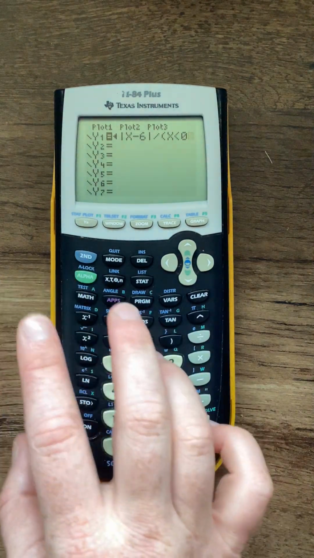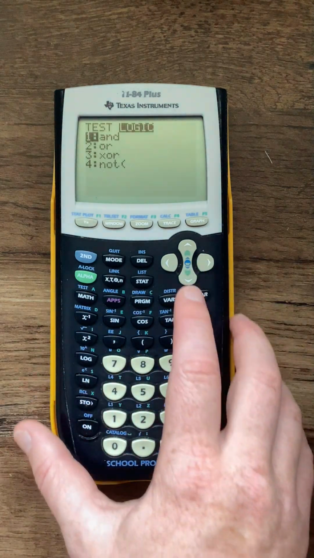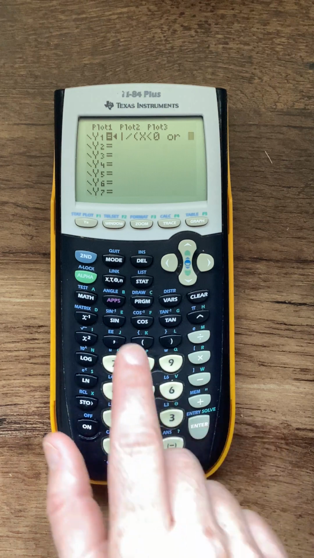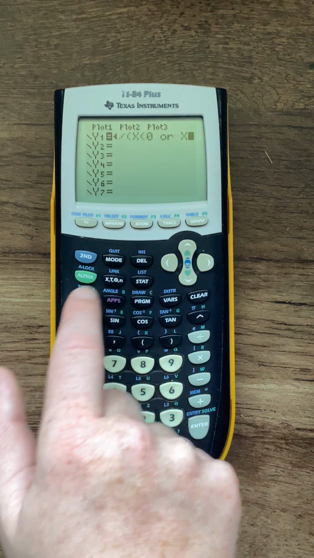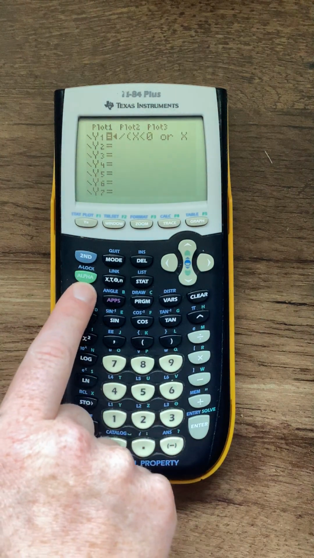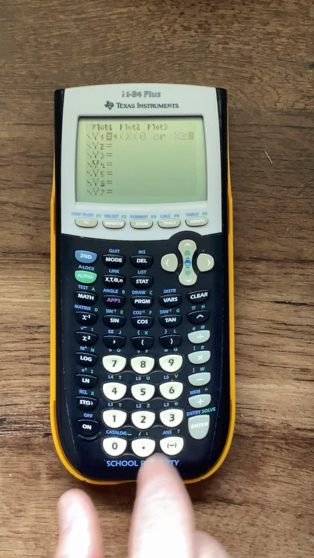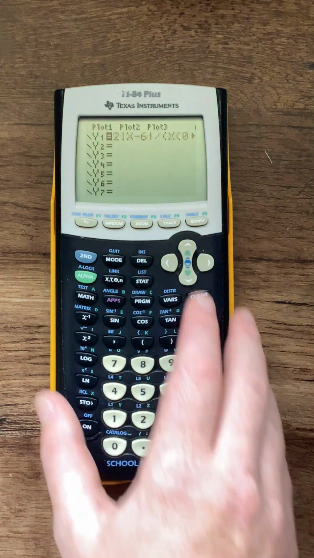Now we need to put in our or, so we do second math, and then we go over to the logic, and we hit or. Nice and cool. And then we have to do x is greater than or equal to 2. So x, and then second math, greater than or equal to is here. Enter, 2. And then remember to close that parenthesis.